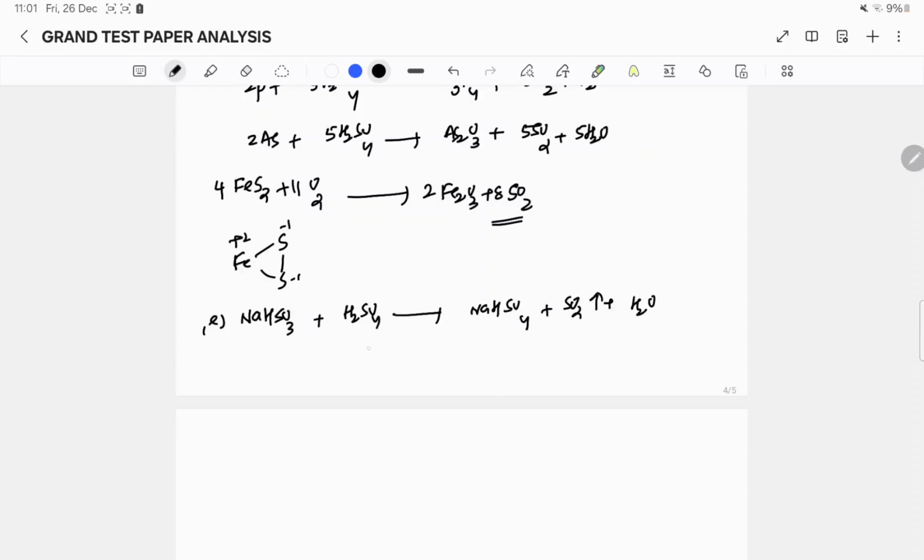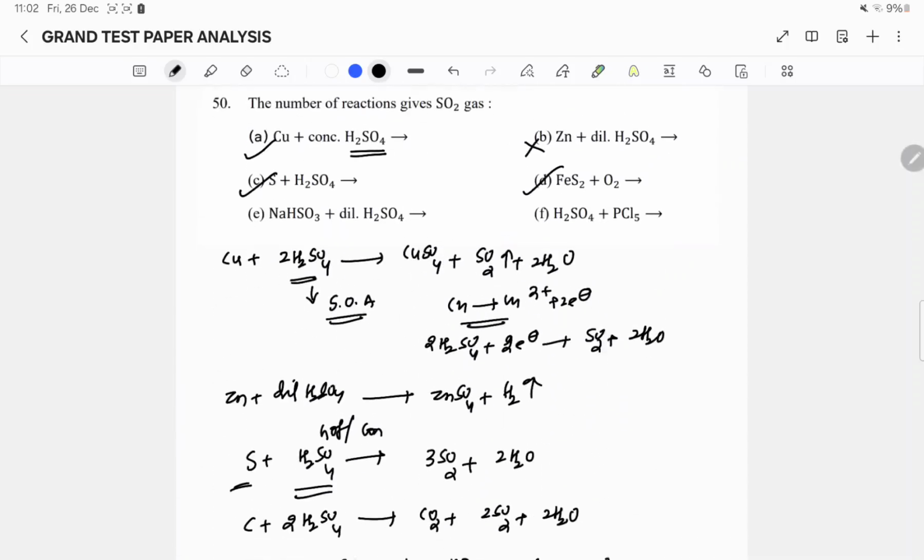Actually what is happening is that HSO3 minus reacts in an acidic medium to produce H2SO3, and then H2SO3 on decomposition gives SO2 plus H2O. So based on that, our E also will produce SO2.